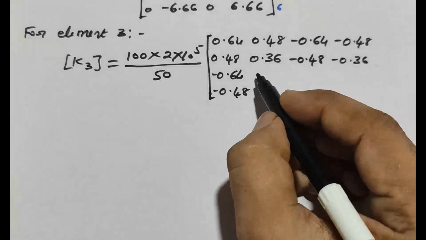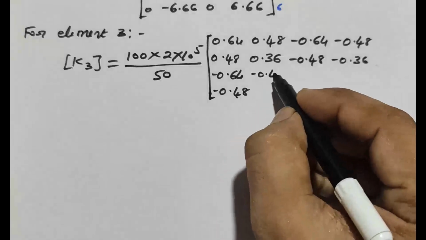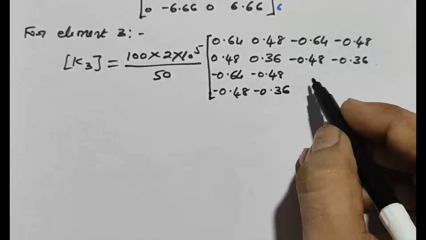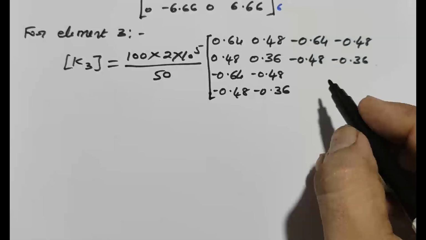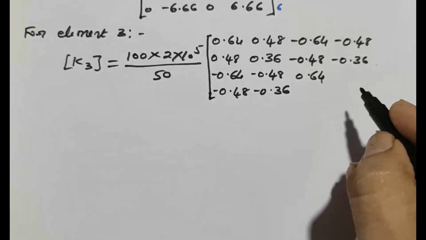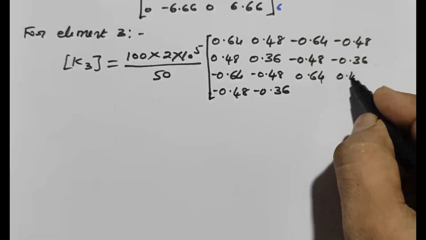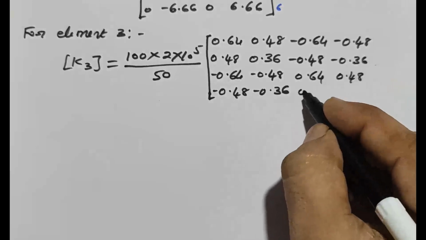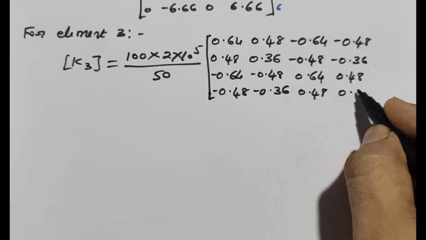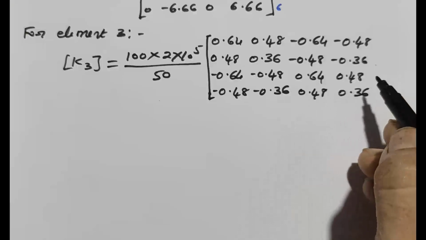Due to symmetry, here I can write minus 0.48, minus 0.36. Next, we want L square, which is 0.64. LM is 0.48. Here 0.48. M square 0.36.